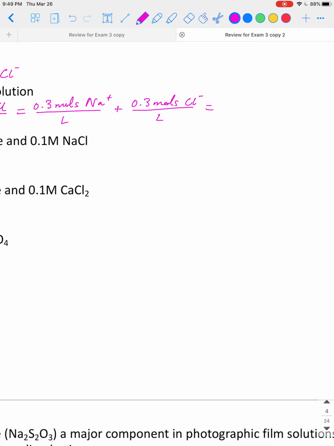These are our particles, okay? So we've got to add up the total amount of particles we have here, which is 0.6 moles of particles per liter.